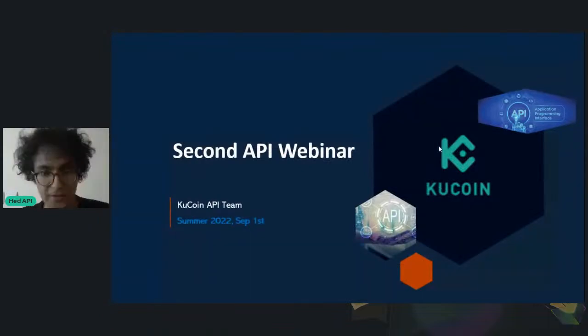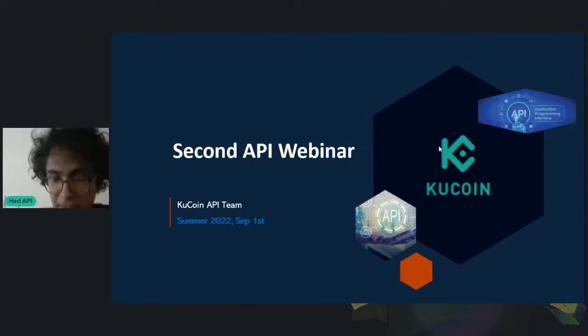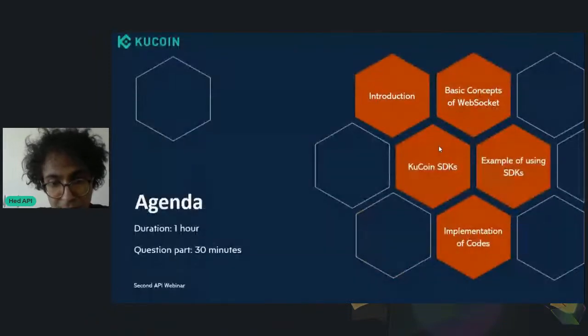Okay, let's start. Welcome to our webinar. This is the second webinar of the KuCoin API, and we decided to have some webinars in order to provide more training opportunities for our users, and especially for the new users that join us. So in this webinar, we are going to first have an introduction, and after that we will walk through some of the basic concepts of the WebSockets.